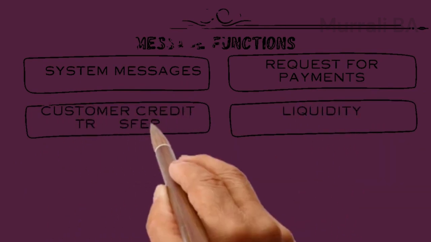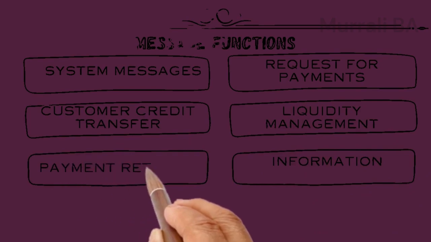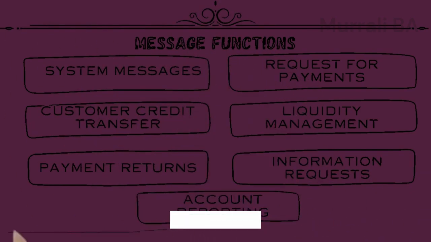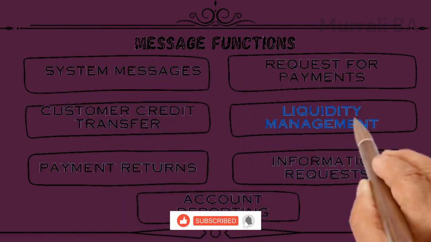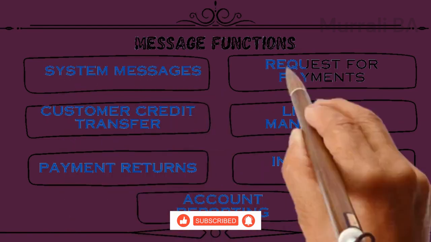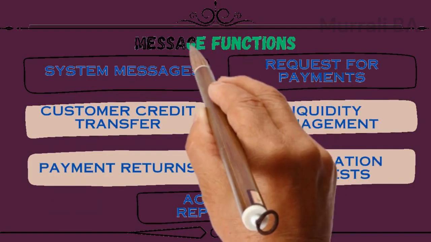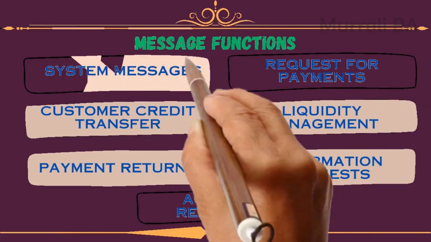Each of these categories is defined to perform certain business operations and that makes FedNow a seamless instant payment processing system. They are system messages, customer credit transfer, payment returns, request for payments, liquidity management, information request, and finally account reporting.